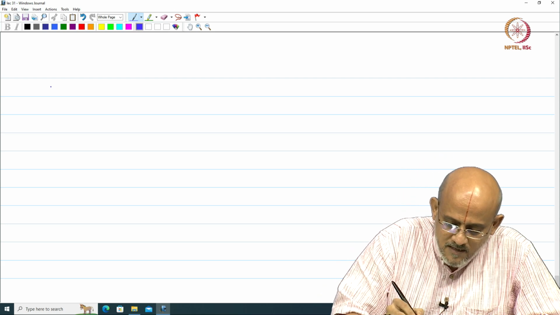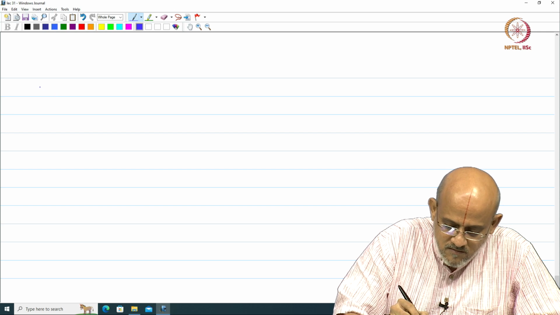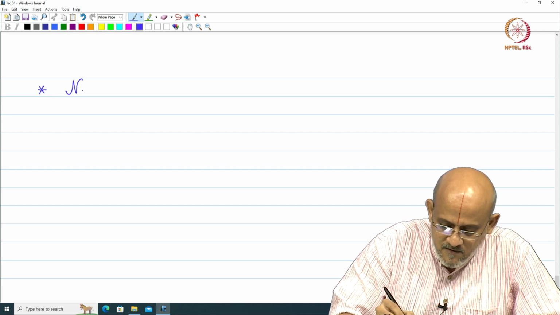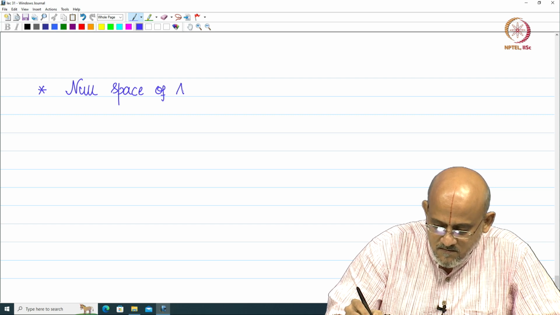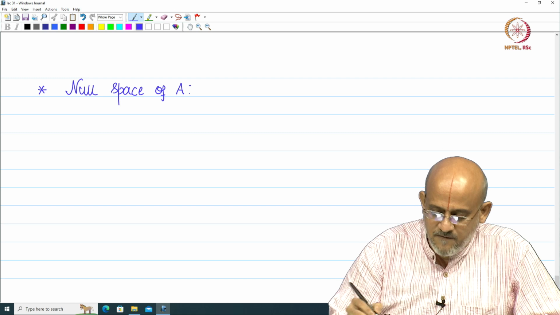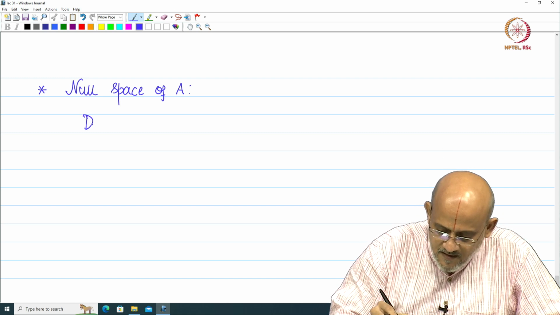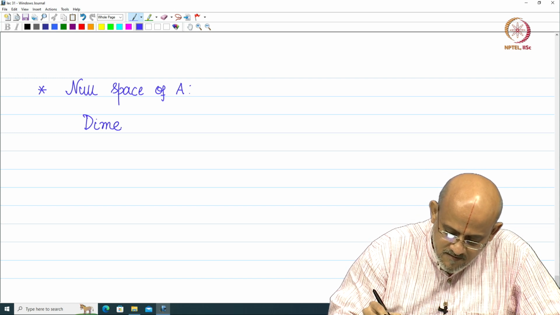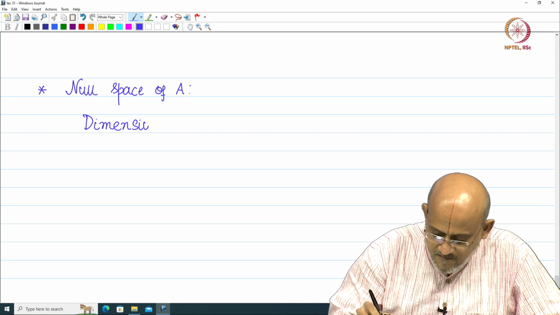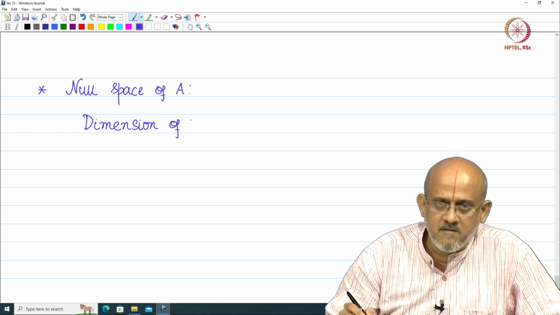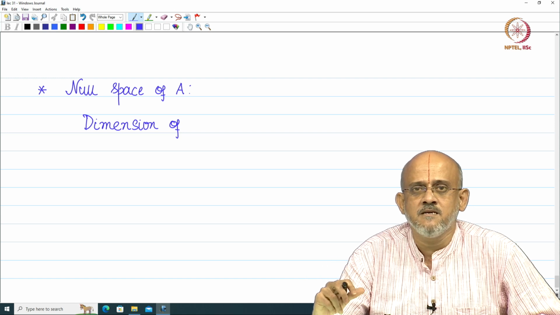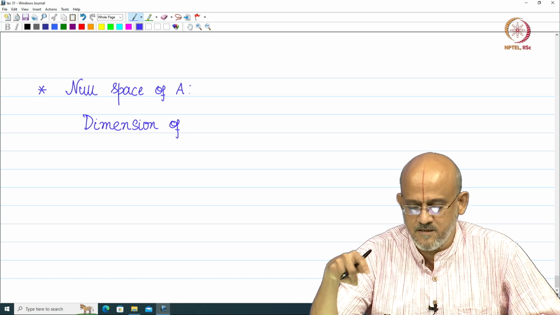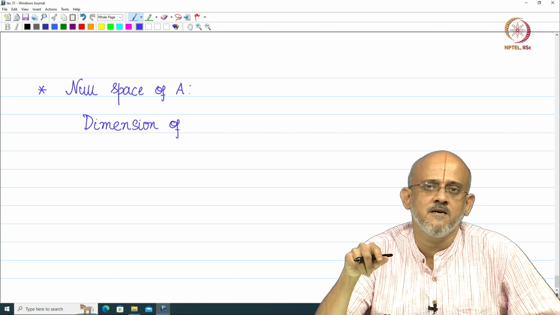Let us first look at the null space of A. Remember, any vector subspace has a basis, and the number of elements in the basis is called the dimension of the subspace.